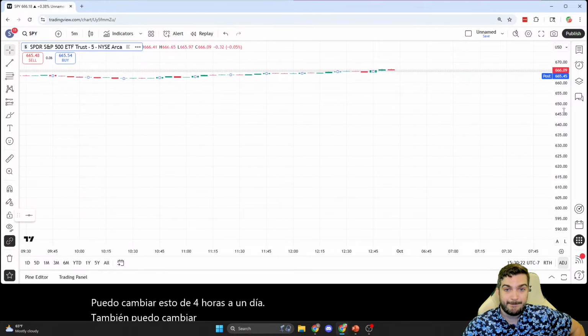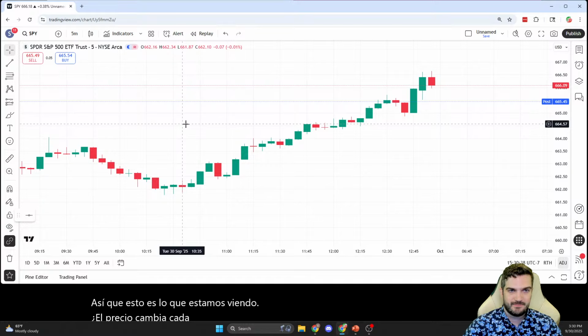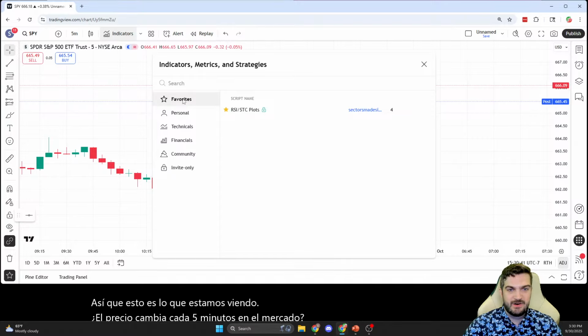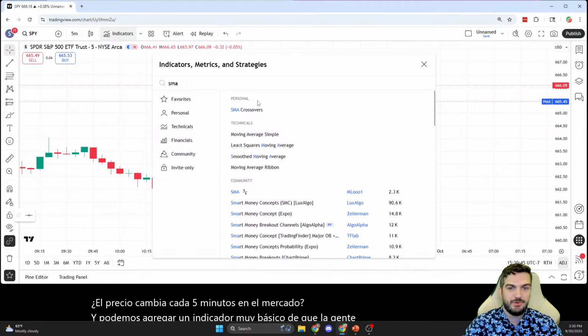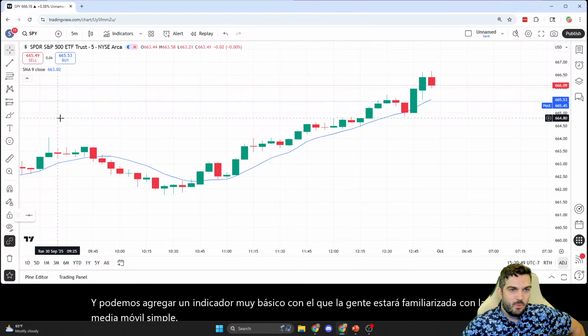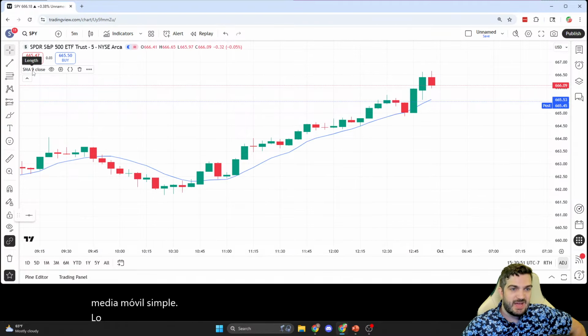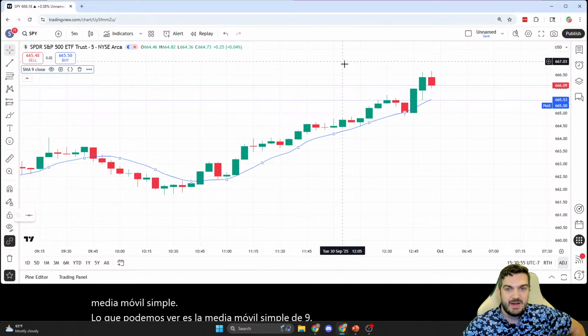Obviously, when you're looking at a shorter period of time, price isn't going to move as fast. So here what we're seeing is the price change every 5 minutes in the market. And we can add a very basic indicator that people will be familiar with, like simple moving average. What we can see is the simple moving average of 9, meaning 9 periods.